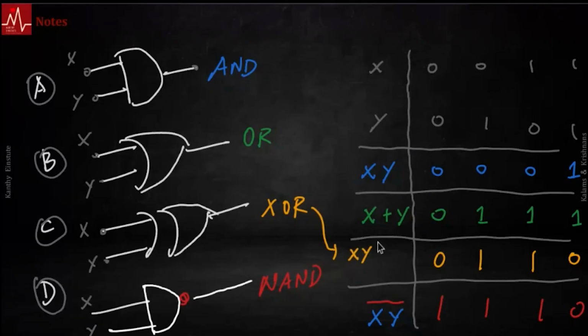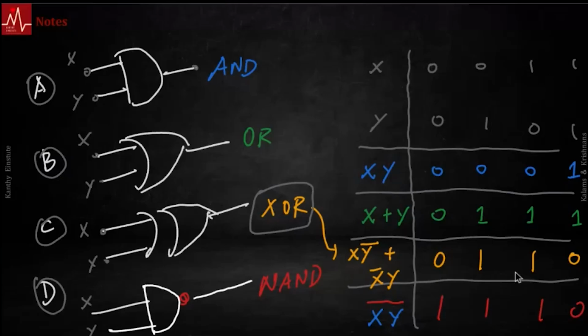So this is X Y bar, or X bar Y. Just one of them has to be non-zero. This is X bar Y plus X Y bar. This is your XOR gate. In simple English, the outputs are different.